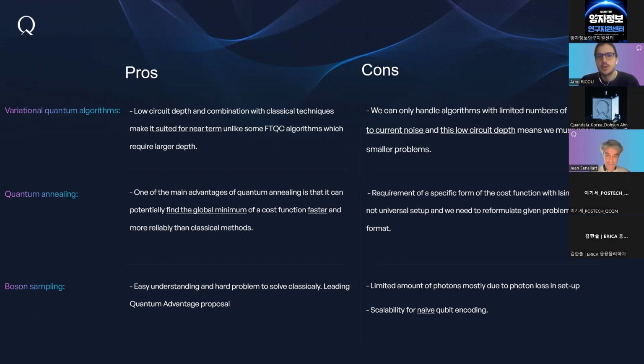But first, you need to map a problem into the cost function of an Ising model, which is not universal. You can only do it for certain kinds of problems, and it requires some work to reformulate given problems to fit this format. Also, this approach has been around for quite a long time, with machines from D-Wave since the year 2000.